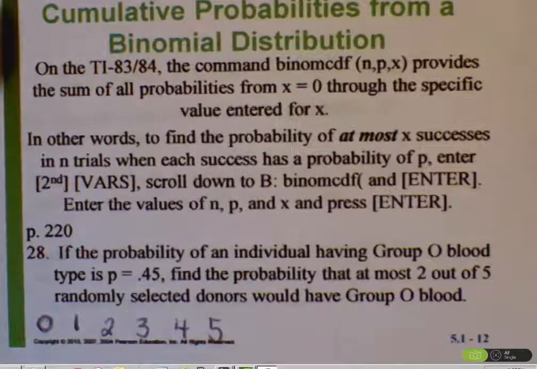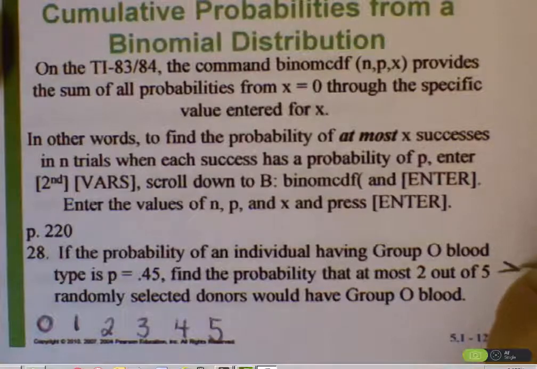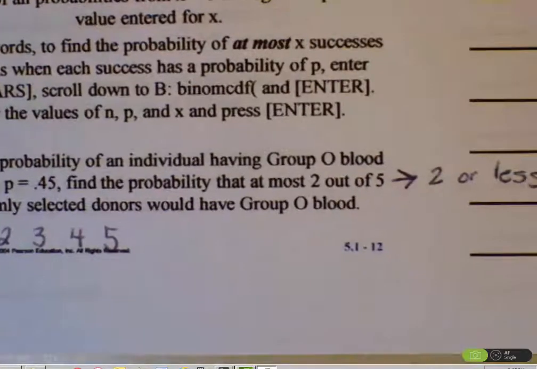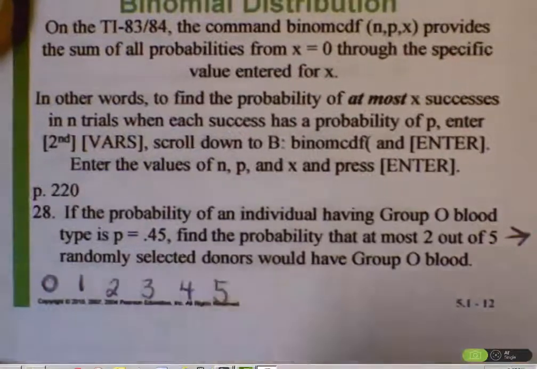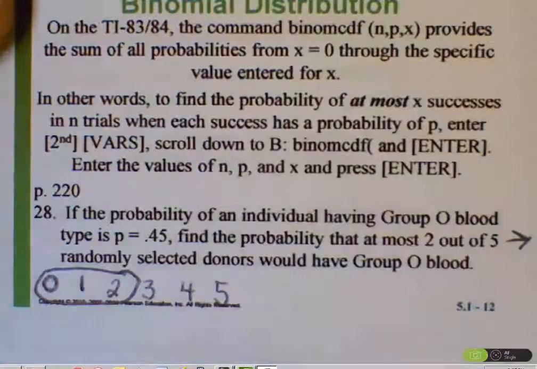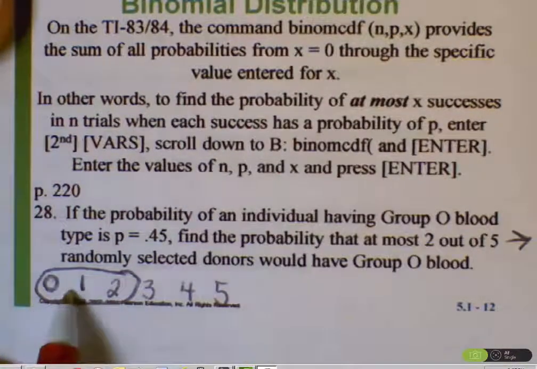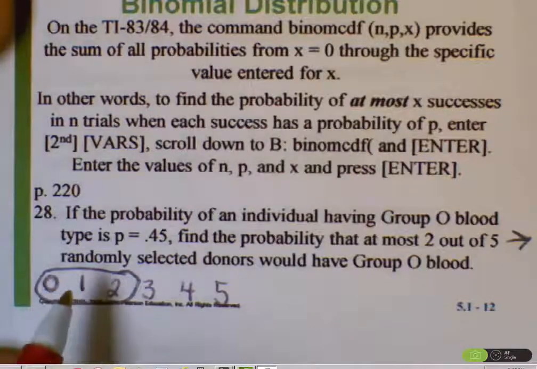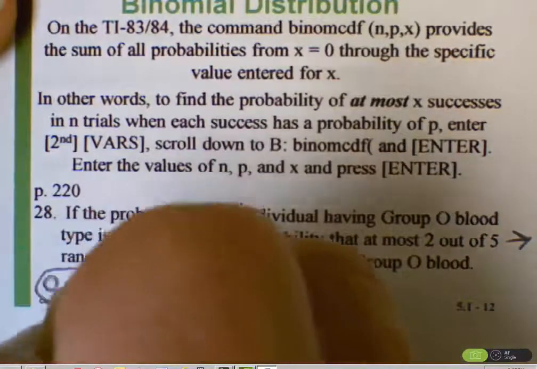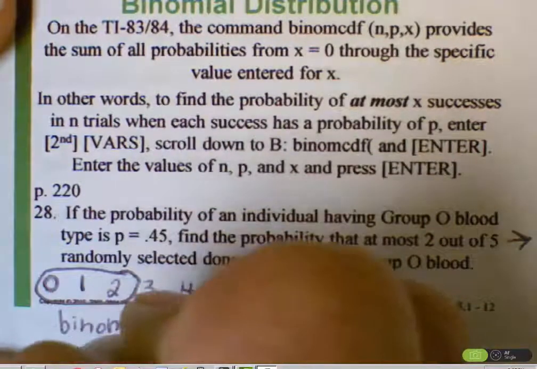I want the probability of at most 2. At most 2 means 2 or less. Out of 5, at most 2 would indicate either 0 or 1 or 2. I want to add up the probabilities of 0 or 1 or 2, and that's when I use binomial CDF.